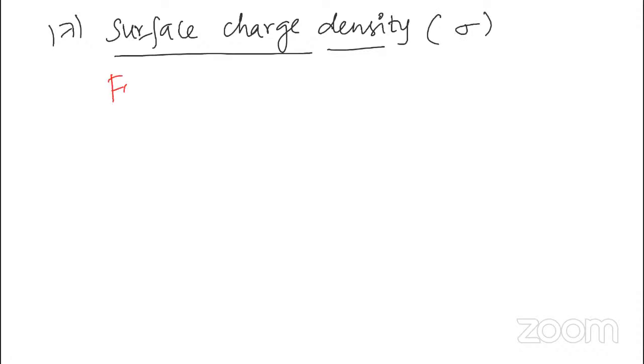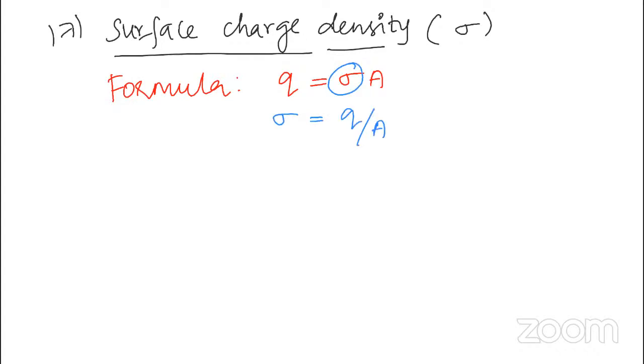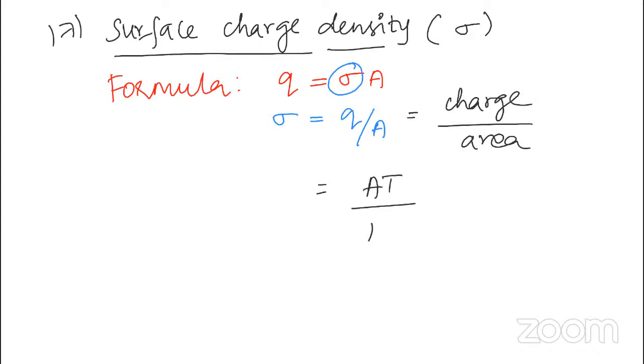So now calculating sigma, we are using the formula Q is equal to sigma into A. Here we want sigma, so we rearrange the formula. Sigma is equal to Q by A. Here Q is nothing but charge, and A is nothing but area. So what is the formula? A into T divided by L square, or L power minus 2 into A into T.